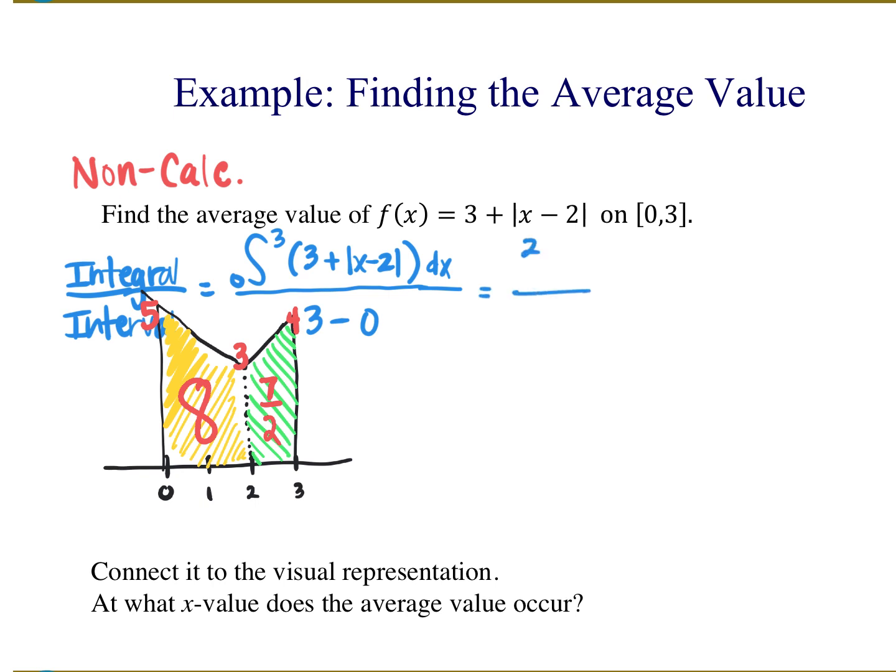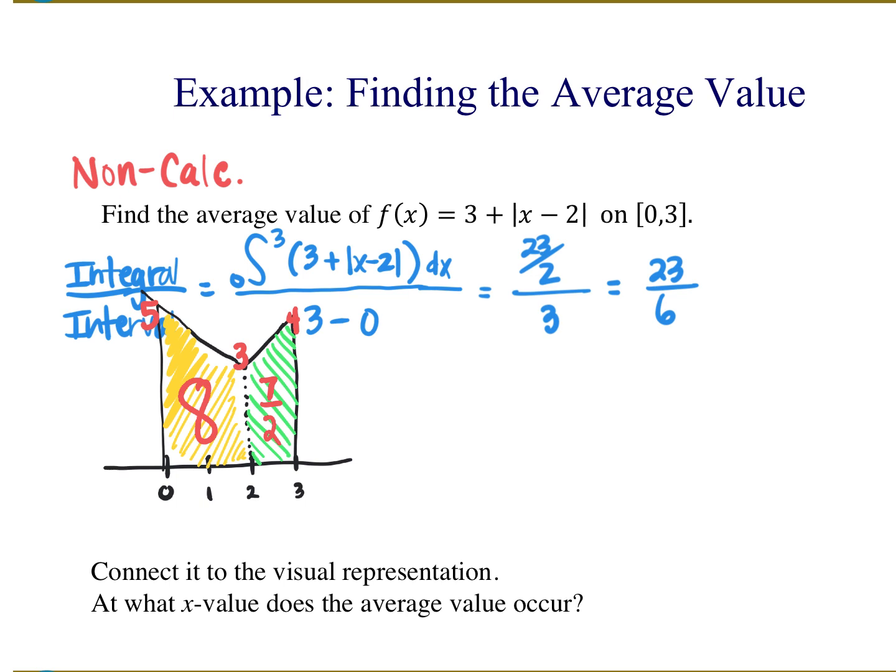Okay, 23/2. That's the integral part. That's the numerator. The denominator is still the interval of 3. And so the total value, 23/2 divided by 3, would be 23/6.